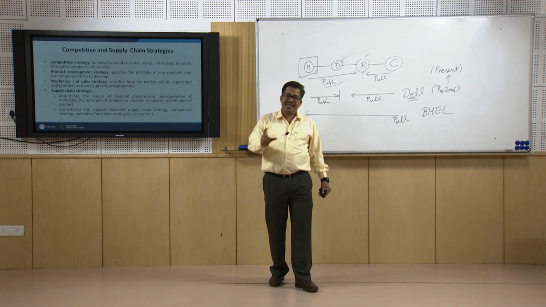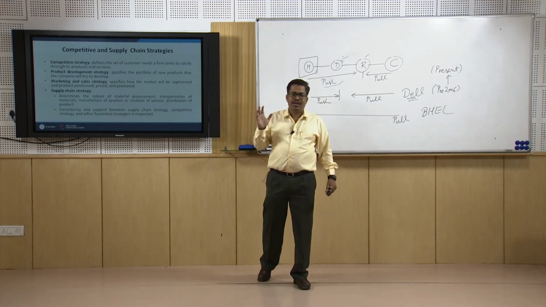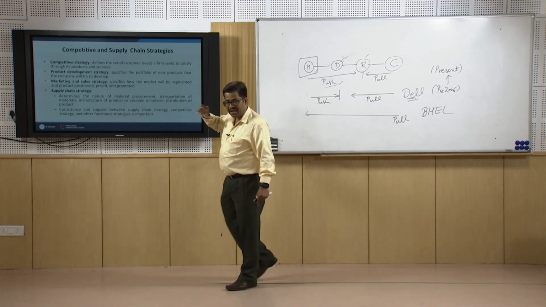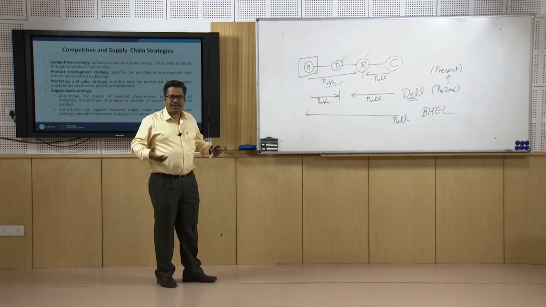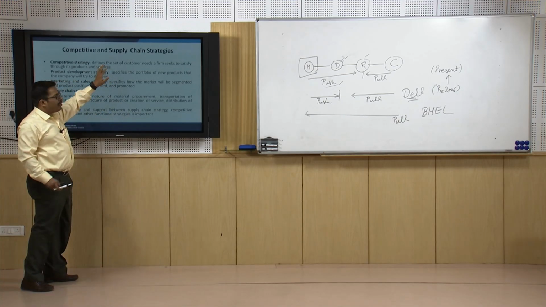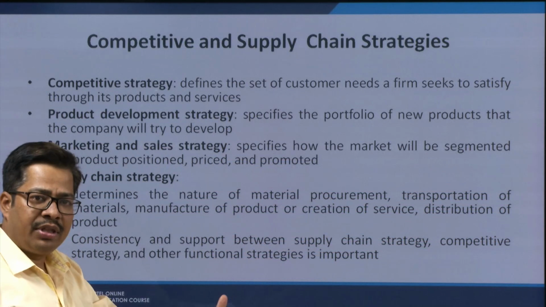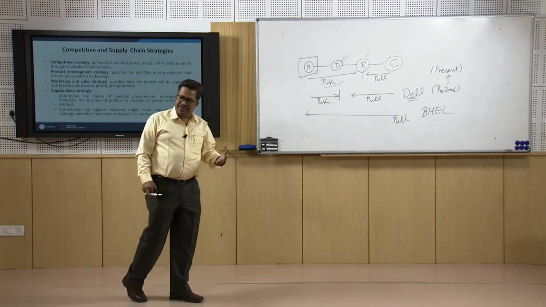What is the USP of A, what is the USP of B, what is the USP of C, that defines my competitive strategy. So, each marketer, each corporate, looks to provide some kind of unique solution, a unique way to fulfill the requirement of the customer's need.